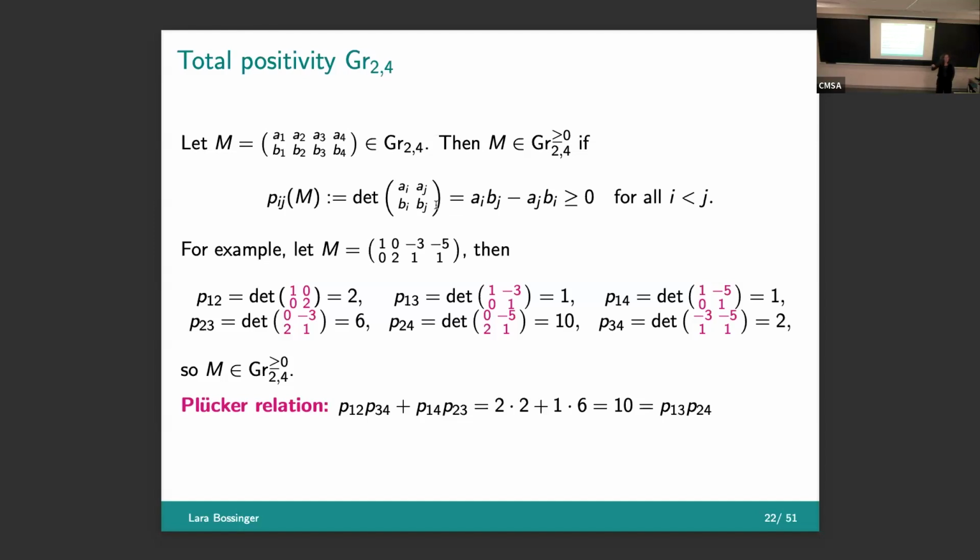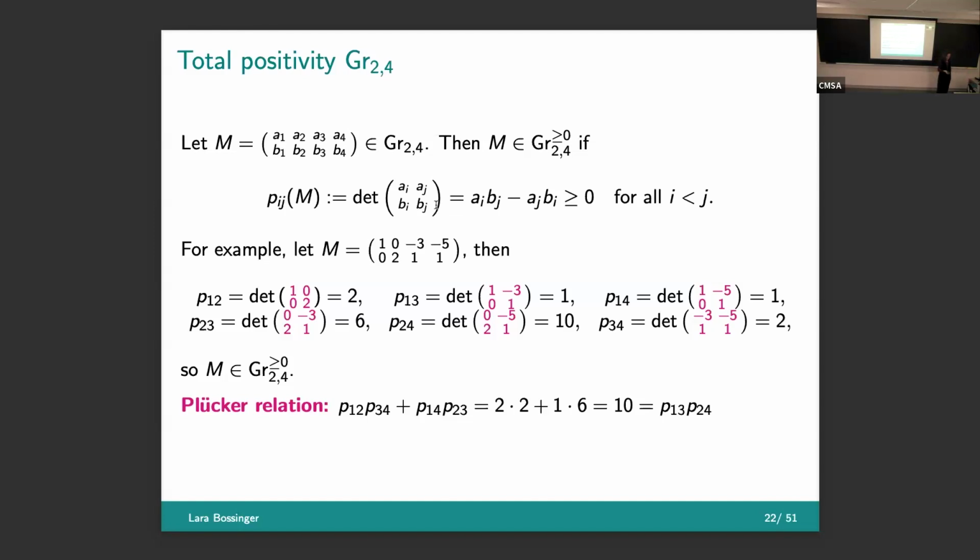So if I have a matrix representing a point in the Grassmannian whose Plücker coordinates are all negative, that also serves as a point in the totally positive Grassmannian, just because they can be scaled. So there are a few signs that can appear, and still we're in the totally positive part.